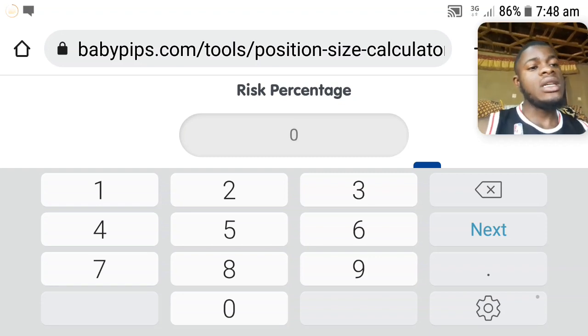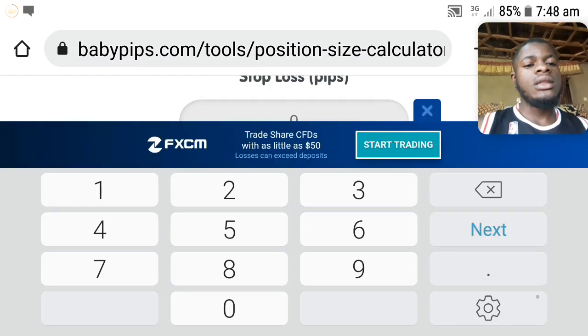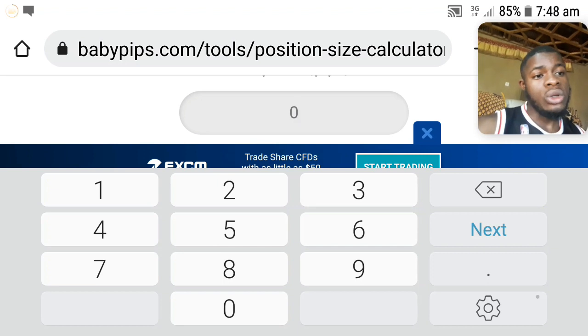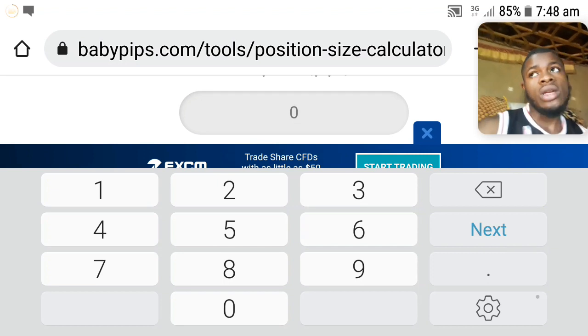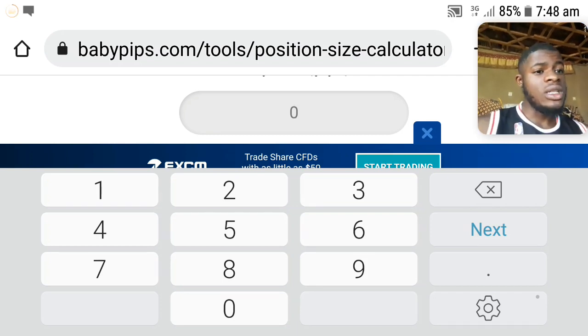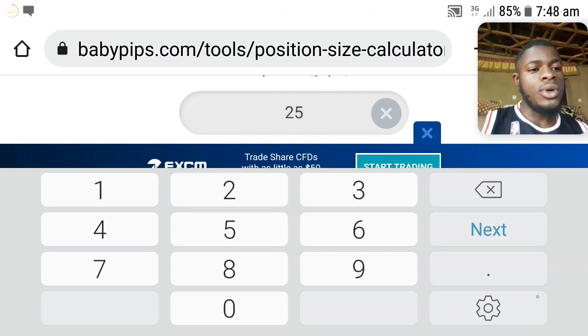Say you're risking 2%, and you take next. They're going to ask what your stop loss is. Your stop loss depends on the trade you want to take. Your trade might be a 50 pip stop loss, 25 pip, or 20 pip stop loss. Let's say you're taking a 25 pip stop loss. So you write 25 pip stop loss on the trade, be it a buy or a sell, and then you go next.